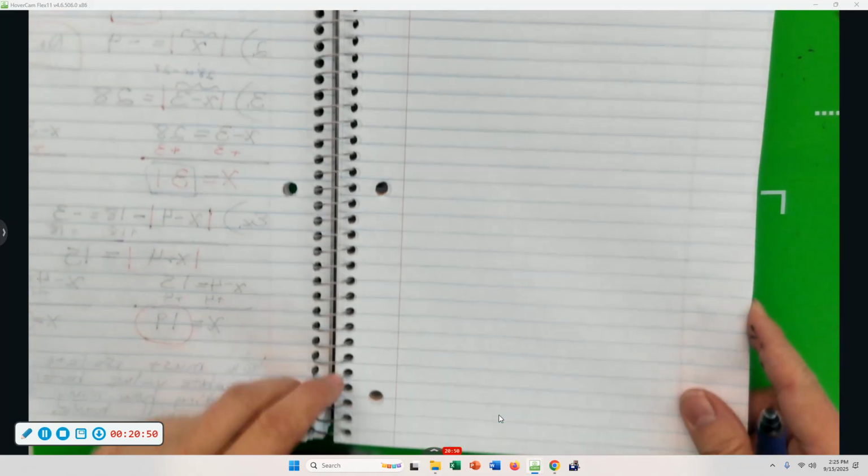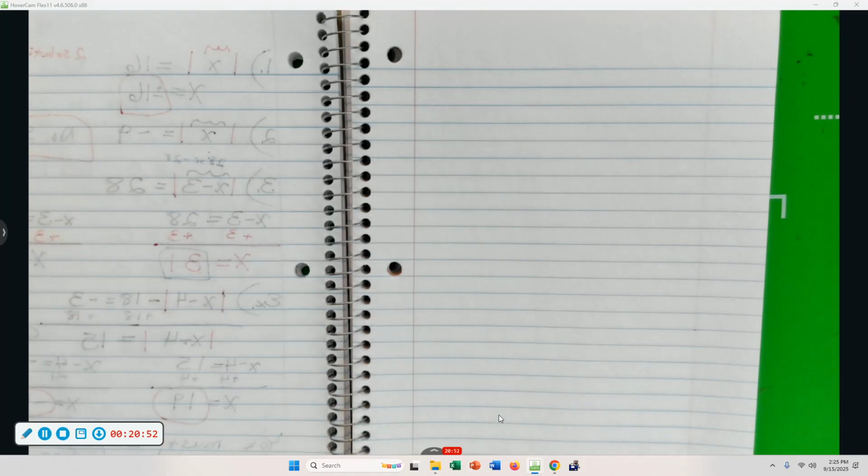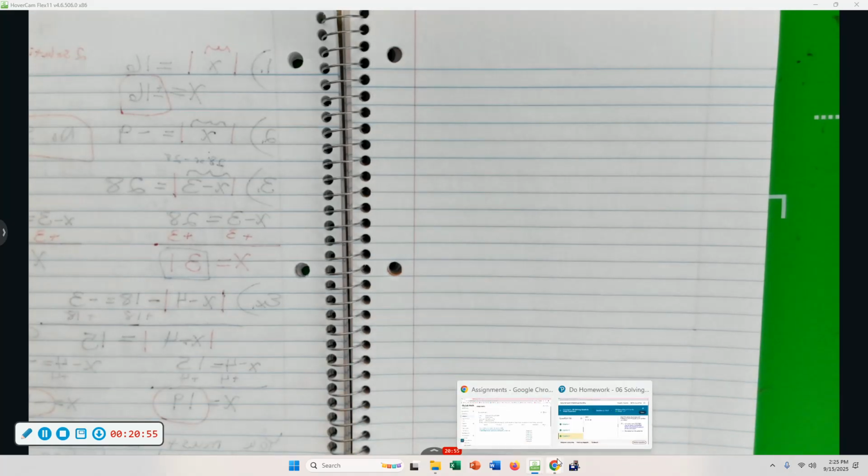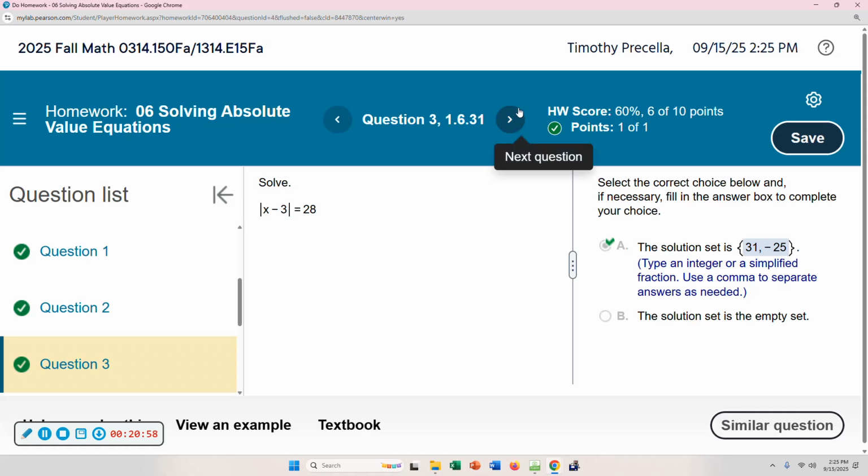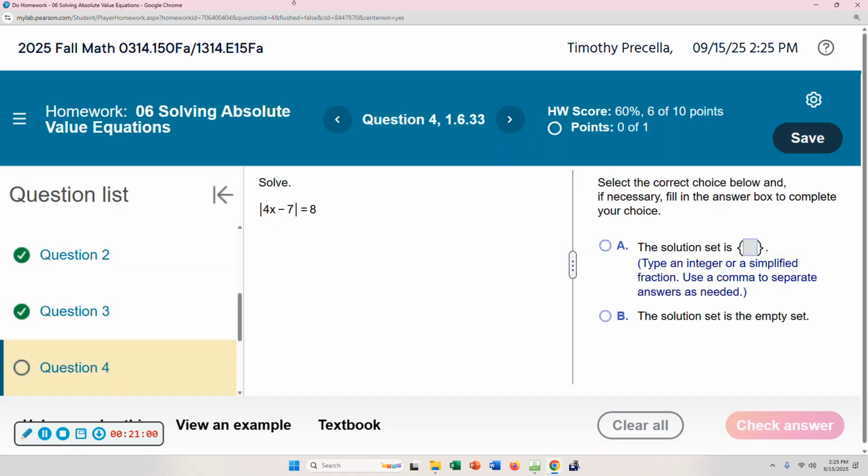Now, what's number 4? We have the absolute value of 4x minus 7 is equal to 8.